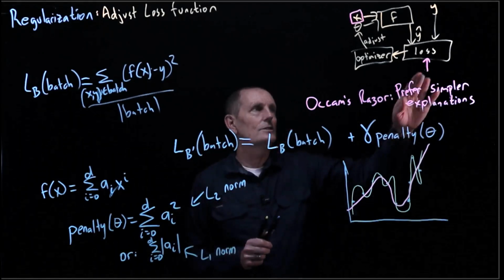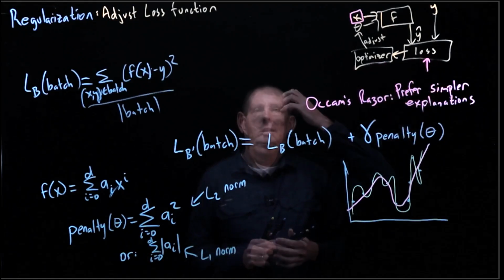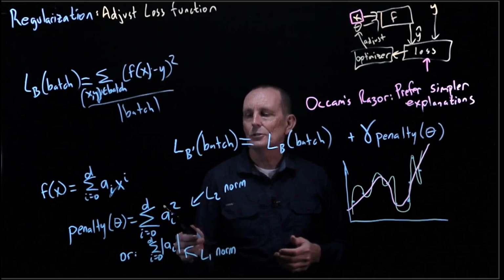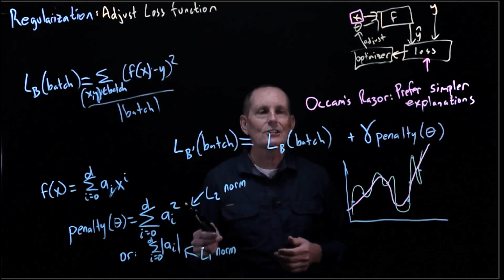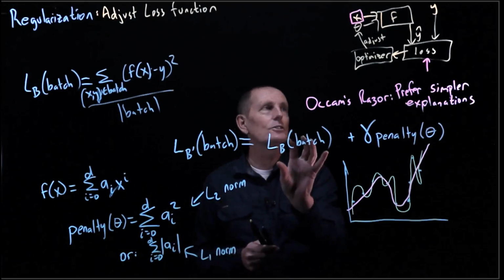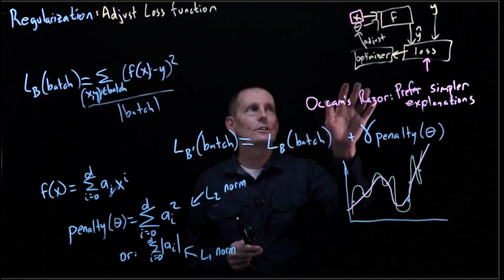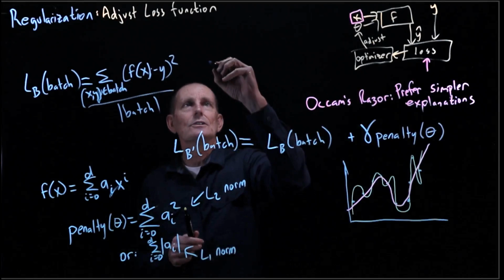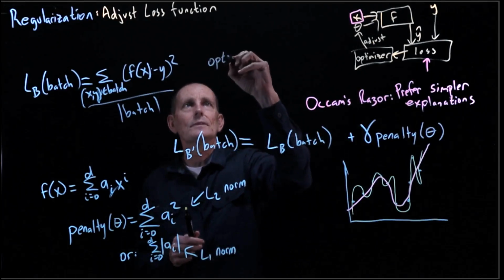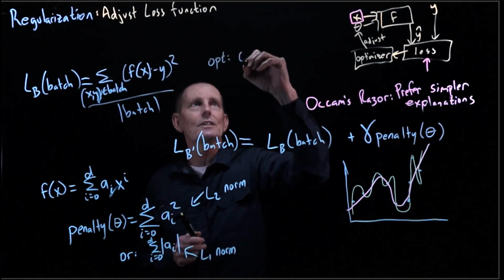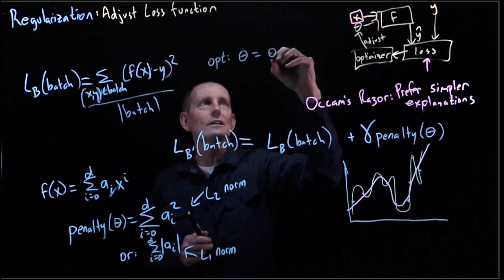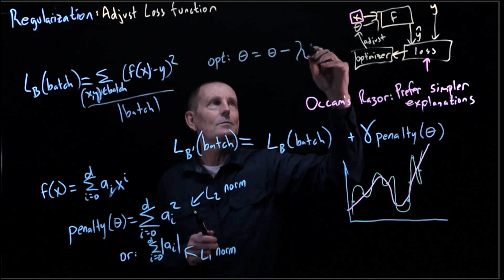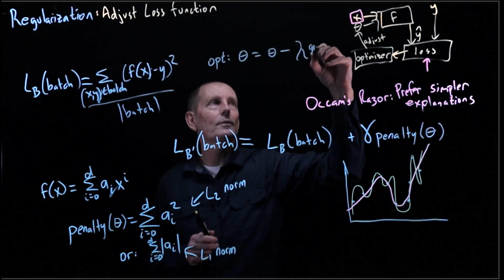So this is a change to the loss function. As you're going to see in an in-class assignment, the L2 norm is actually equivalent to using the original loss function with a different optimizer. So our optimizer normally looks like theta equals theta minus lambda times our gradient.